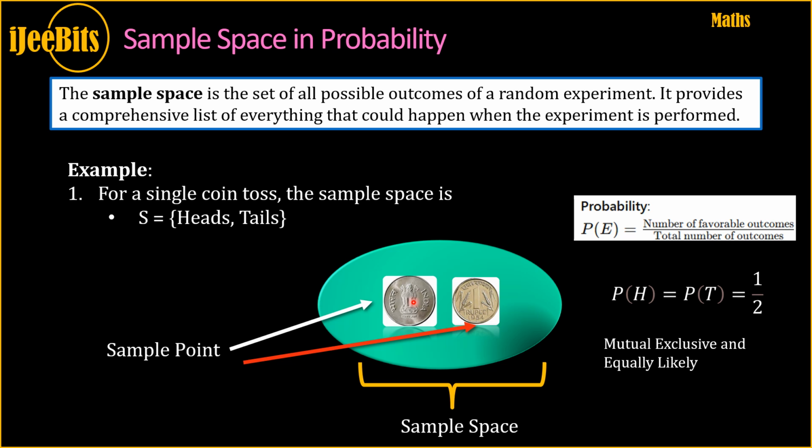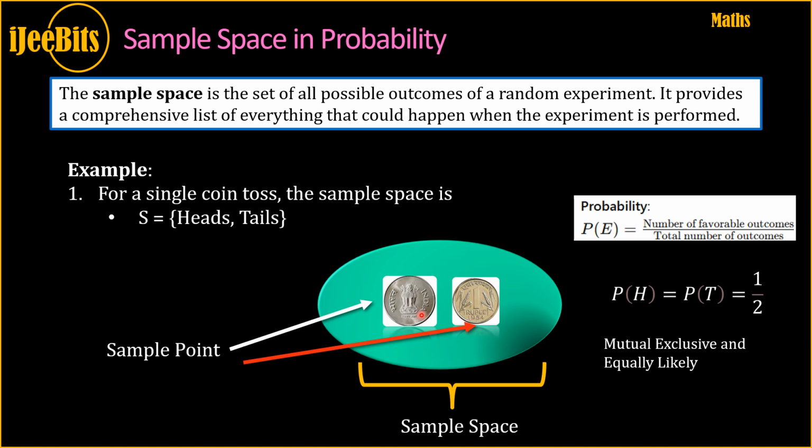When you flip the coin, either you are going to get head or tail. So these are mutually exclusive and equally likely. What that means is when you are getting head, you are not going to get a tail. When you are going to get a tail, you are not going to get a head. That's why mutually exclusive. Only one of the two is going to happen, not both.